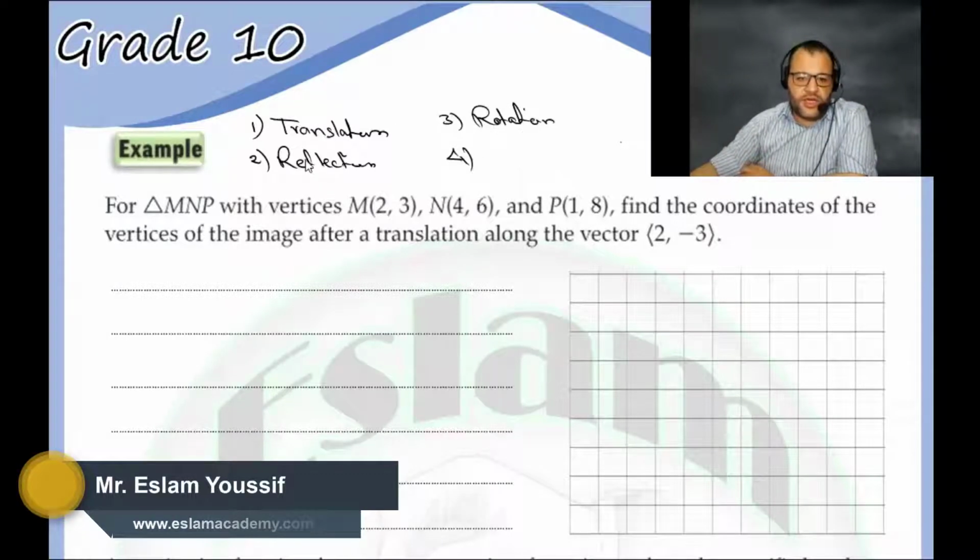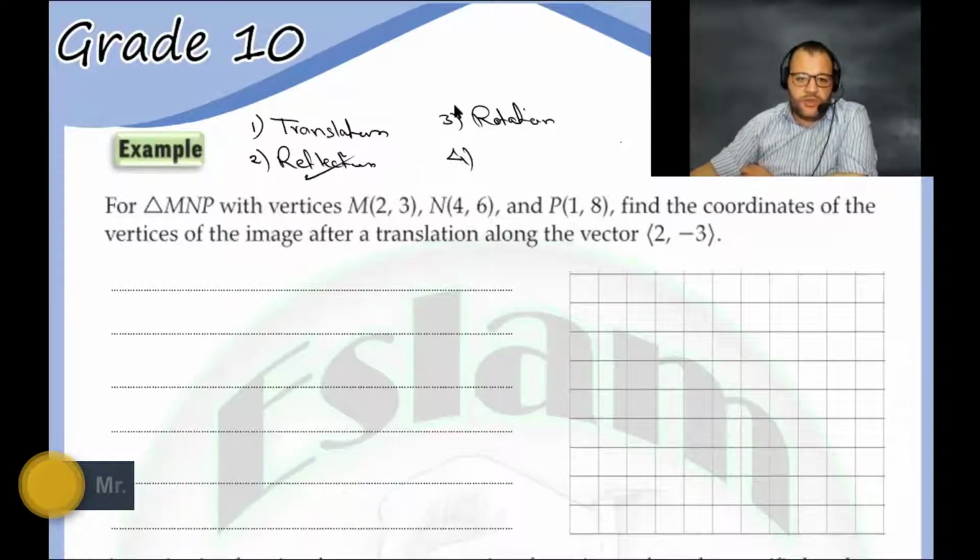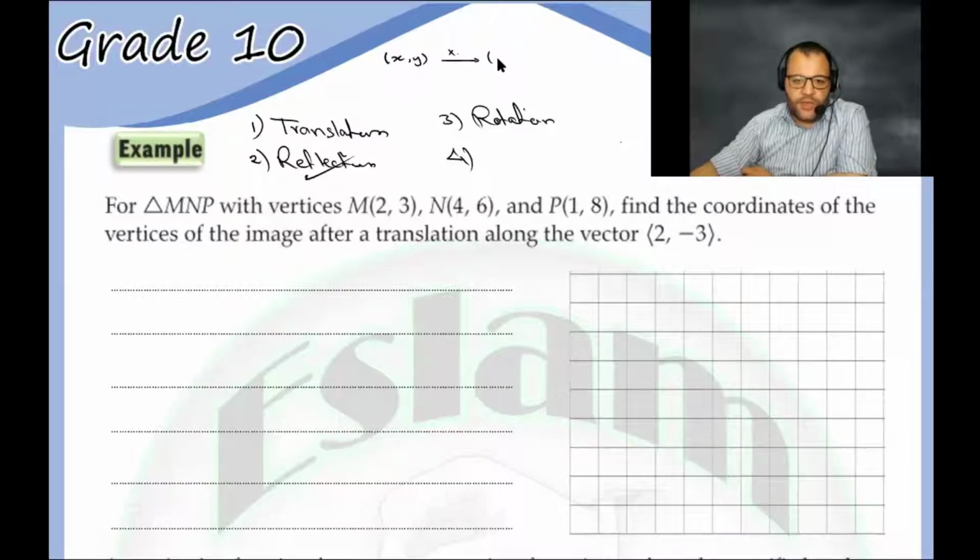We just finished the reflection, and we said that for the reflection, if you have a point (x, y), you can find its image across the x-axis. Its image would be (x, negative y). Please don't say minus y, say negative y. And across the y-axis, the image is (negative x, y).